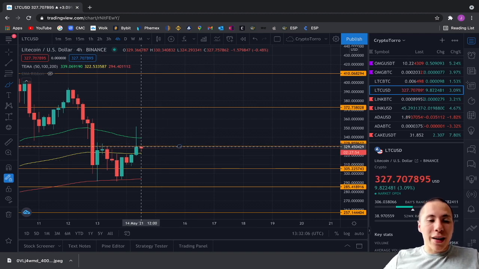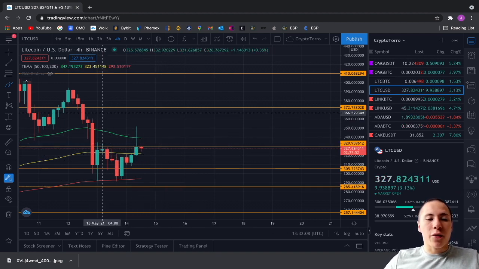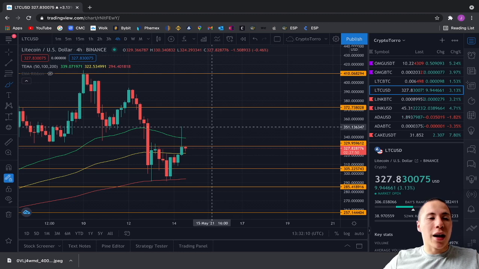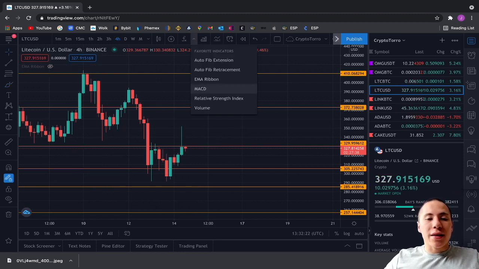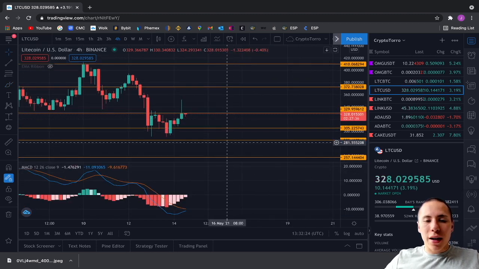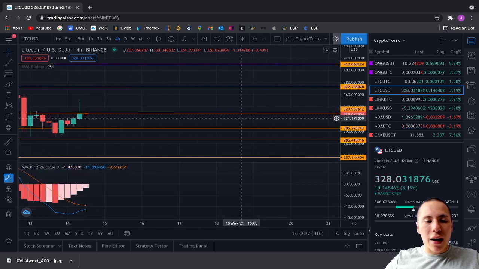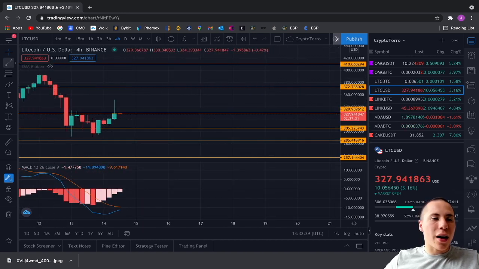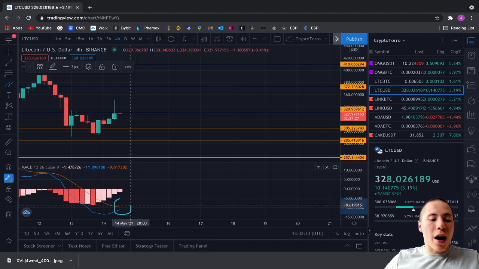So right now, I'm just personally waiting for a momentum switch, and that is what I wanted to show you, the MACD. And what you can see immediately on the MACD is that we are having a crossover on the MACD.